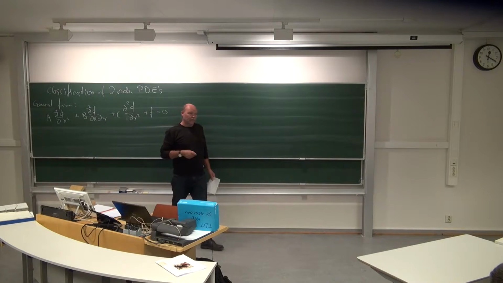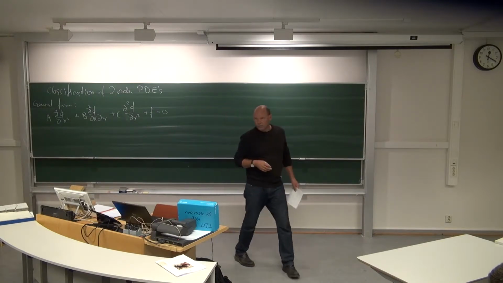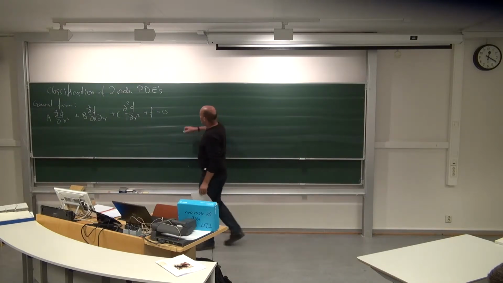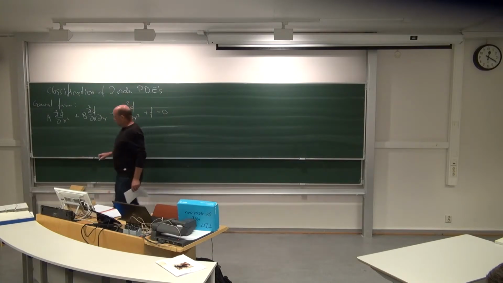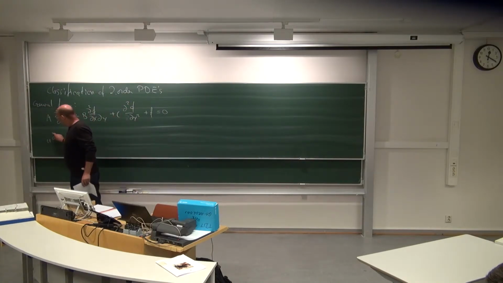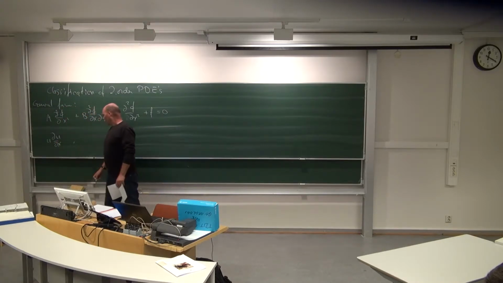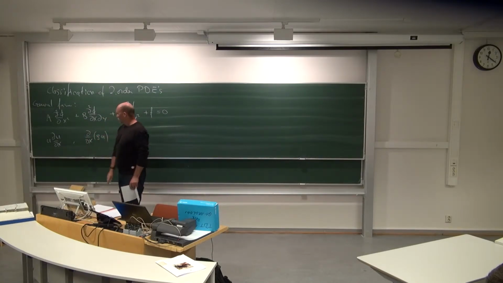And the quasi-linear is where we find Navier-Stokes. You have terms looking like u du/dx. You have terms looking like the x derivative of rho times u.